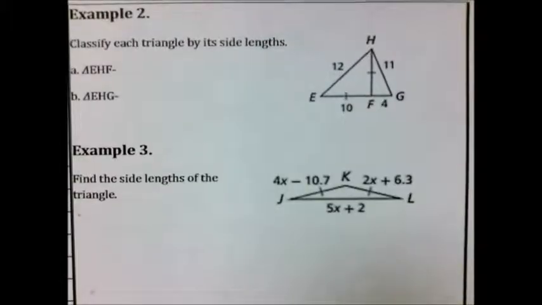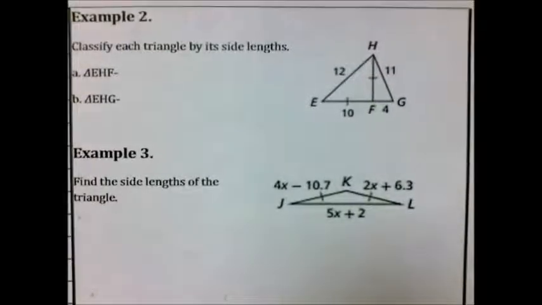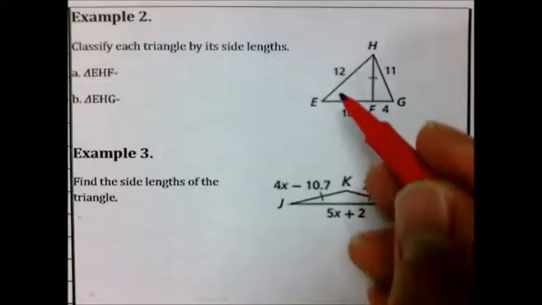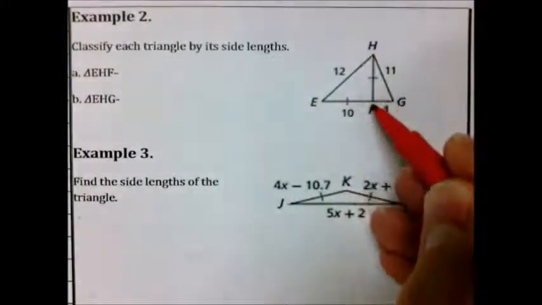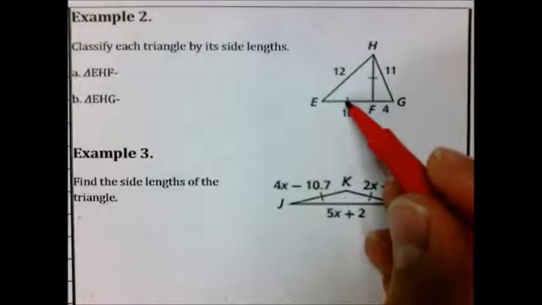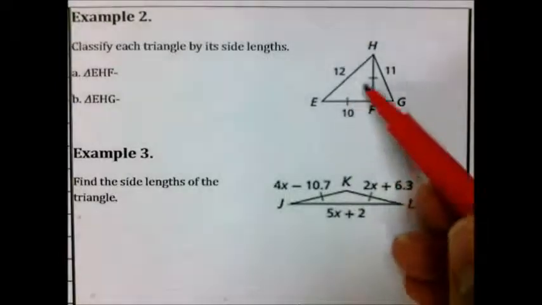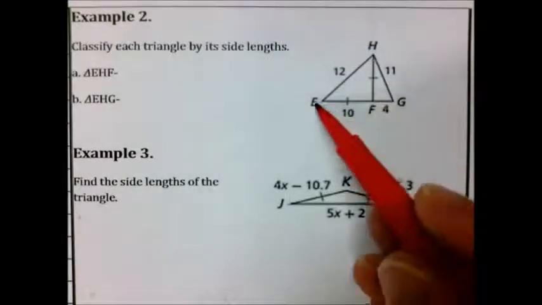Example 2 says to classify each triangle by its side lengths, okay? The first one we're taking a look at is triangle EHF. We can see here there is 1 little hash mark that describes some side being the same as some other side, and we can see HF is going to be the same as EF.